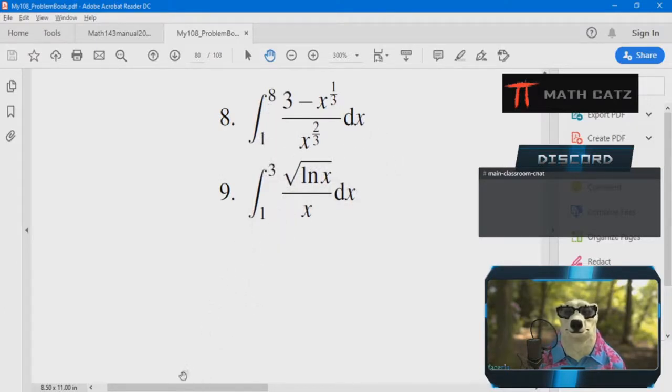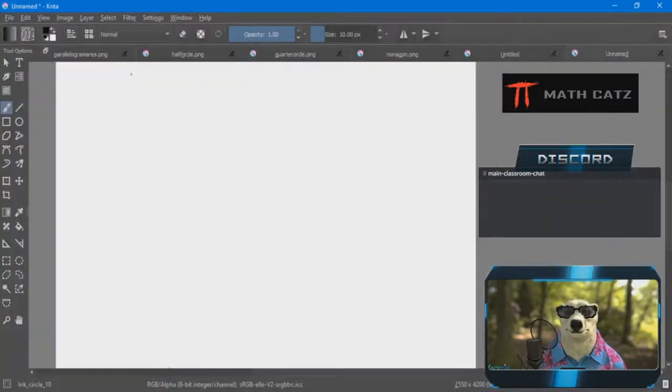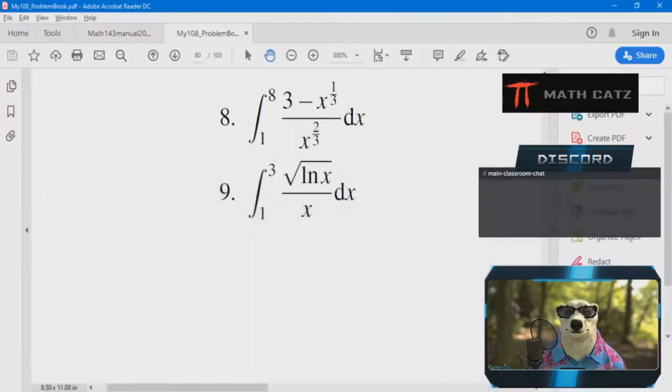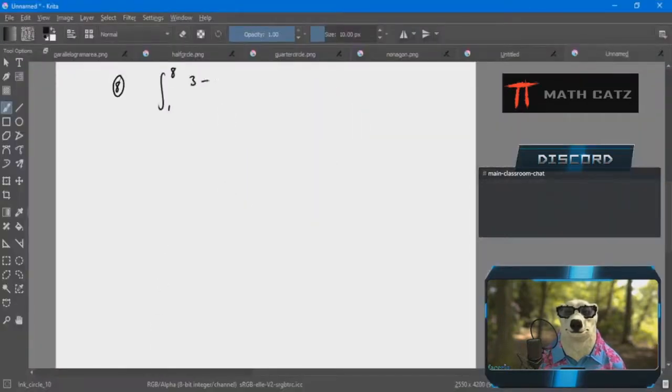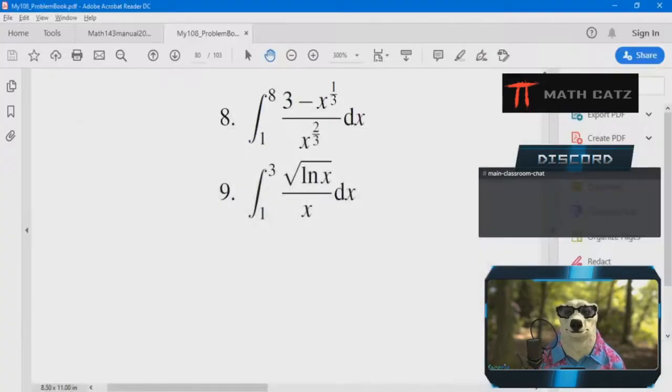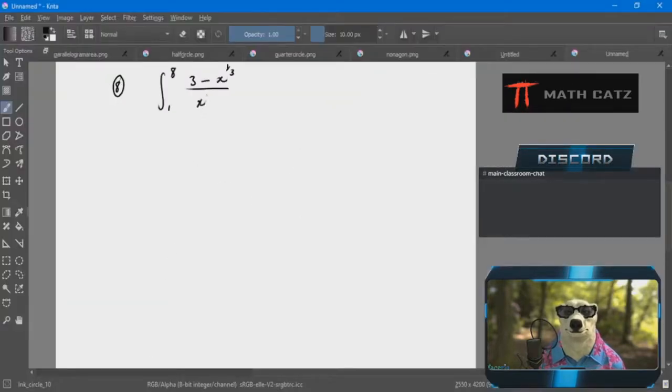So I have the integral in number 8, 1 to 8, and the numerator 3 minus x to the 1/3 over x to the 2/3. So now I can't forget that I'm still asking, for the first part of this question at least, an antiderivative question.